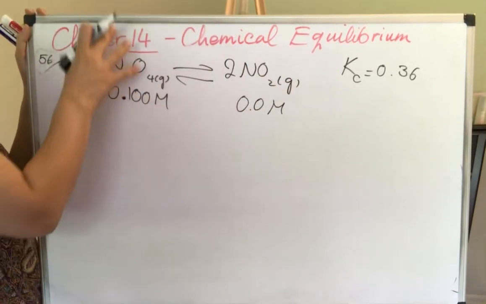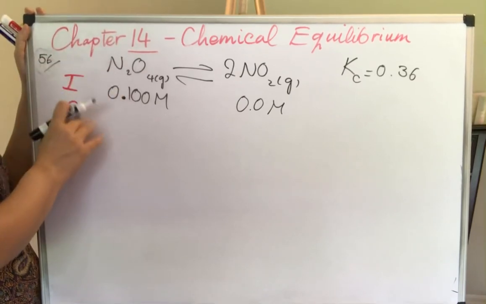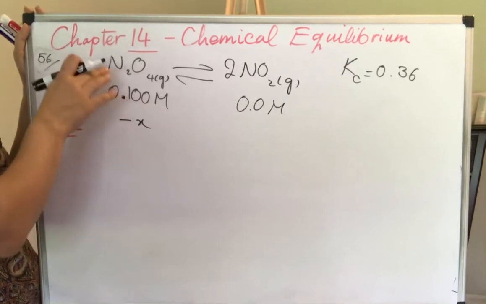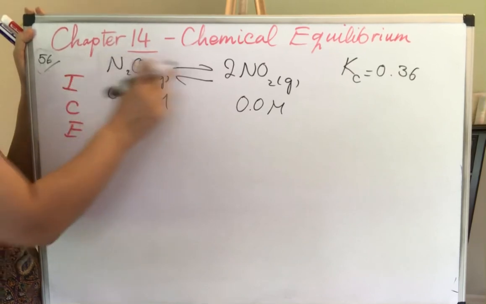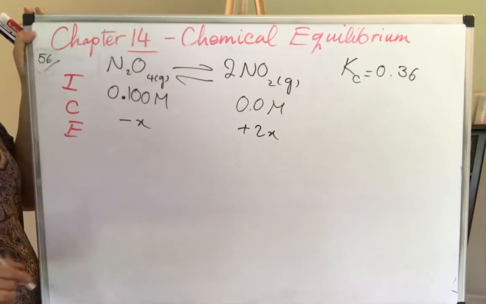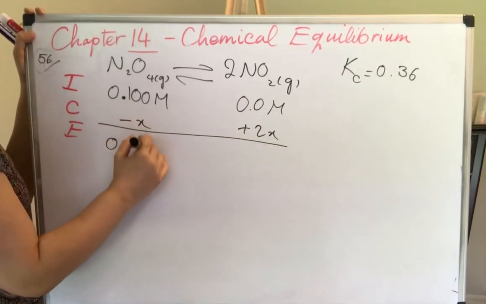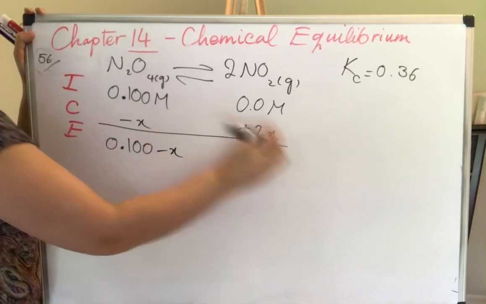As the reaction goes through the change, something called x will be deducted. The coefficient is 1 here. But 2x will be added to NO2. At the end, we have 0.100 minus x and 2x here.